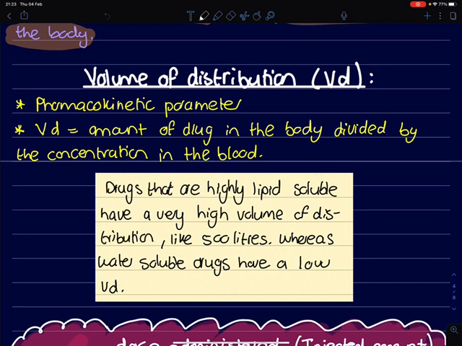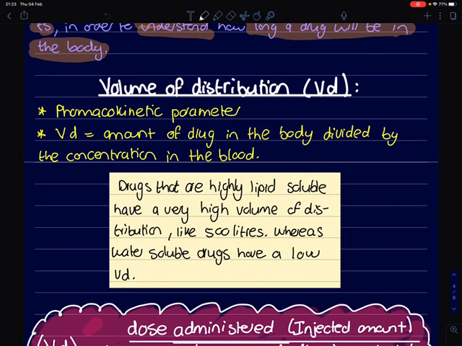Okay, so volume of distribution, VD. So what is volume of distribution? Volume of distribution is just how the drug gets distributed, or the amount of drug that gets distributed within the body. So how do we work this out? What's the formula for volume of distribution?